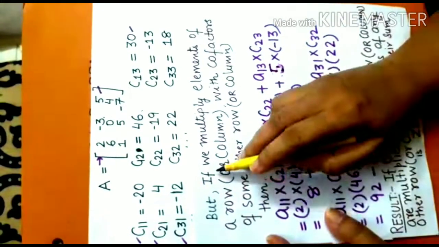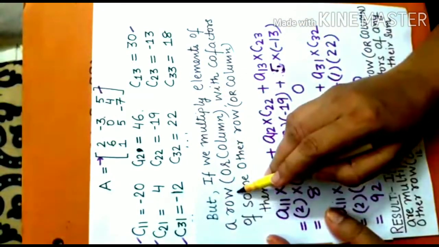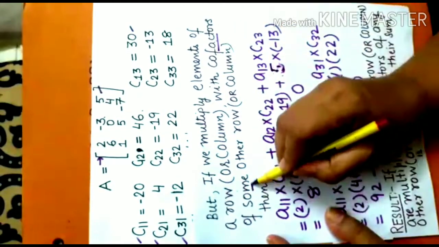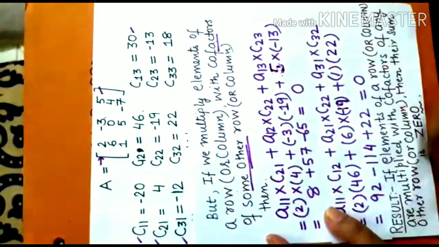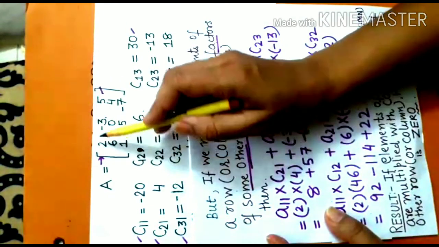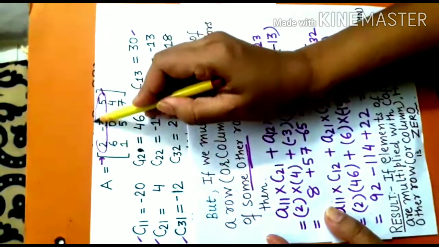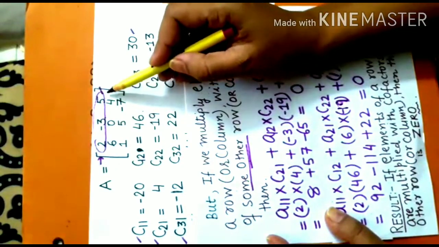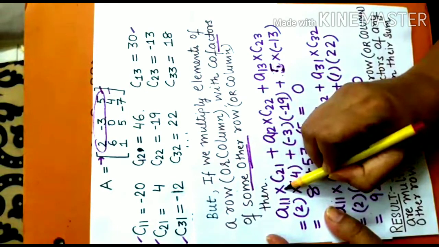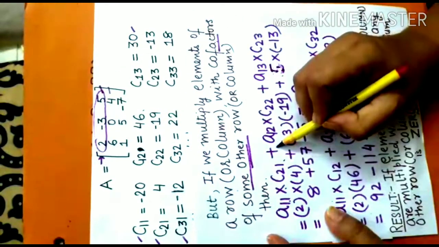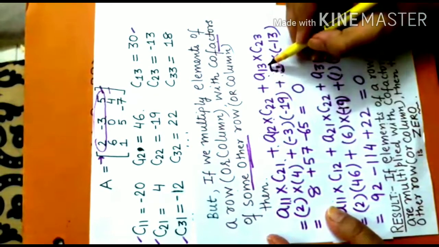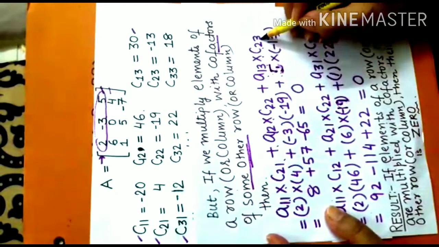But if we multiply elements of a row or column with cofactors of some other row, then yes, if I multiply the elements of the first row with the cofactors of the second row, that is A11 into C21 plus A12 into C22 plus A13 into C23.